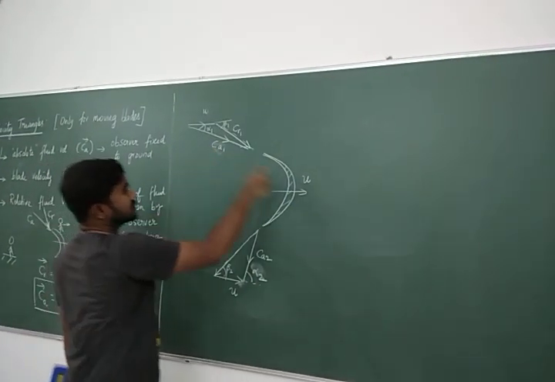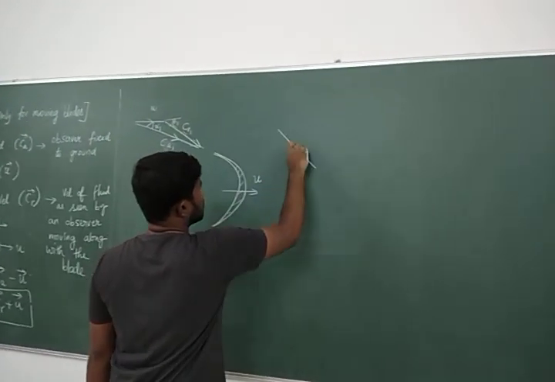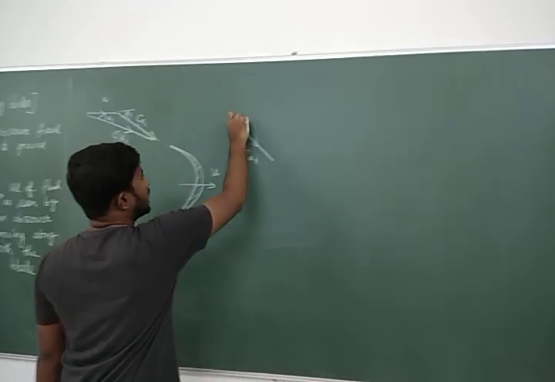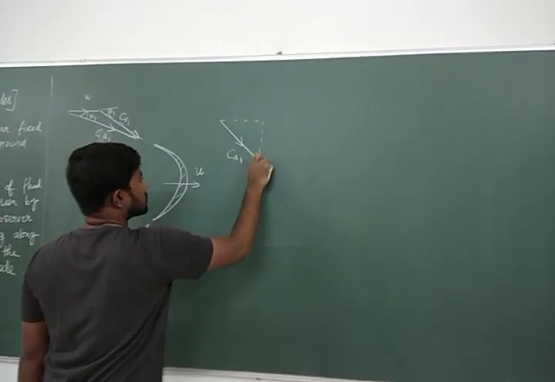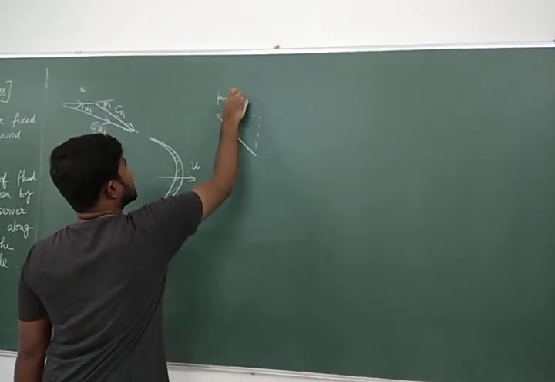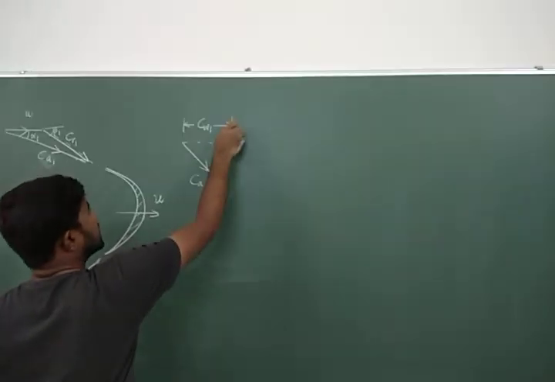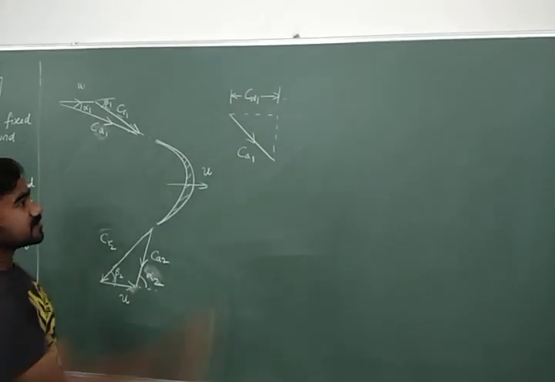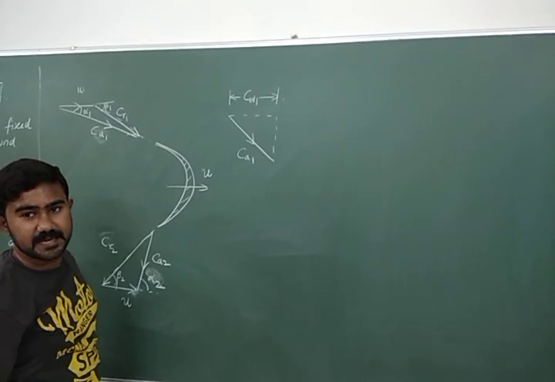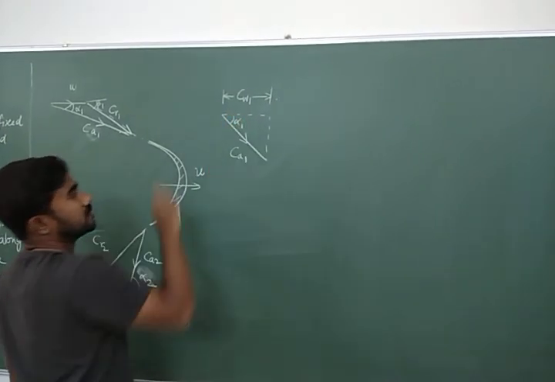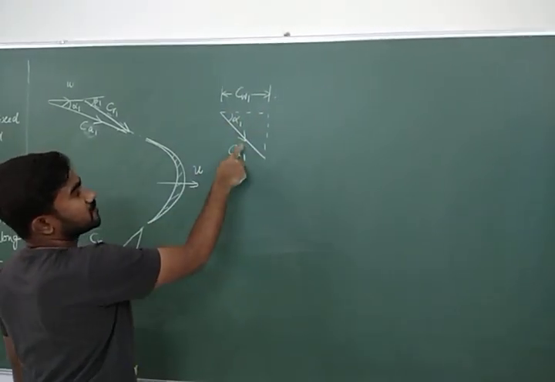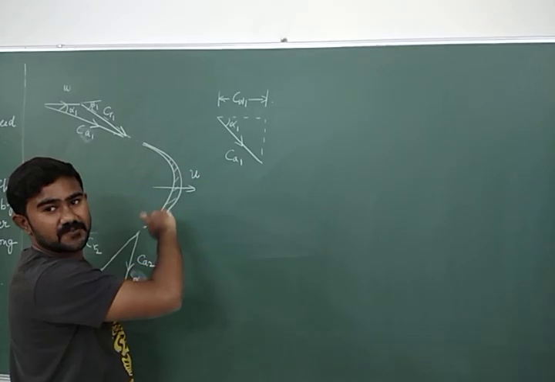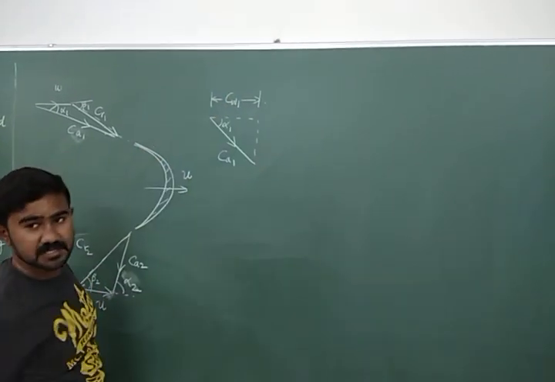Now, CA1 is like this. I am going to resolve this as CW1, that is the velocity of whirl. This is nothing but the horizontal component of CA1. So if this is alpha 1, then the horizontal component of CA1 will be CA1 cos alpha 1. That I call the whirl velocity.